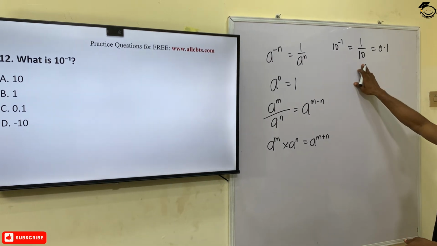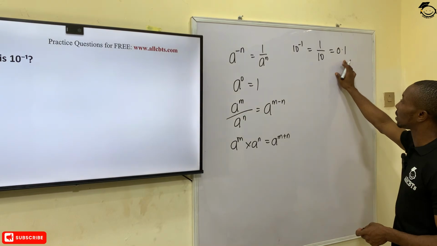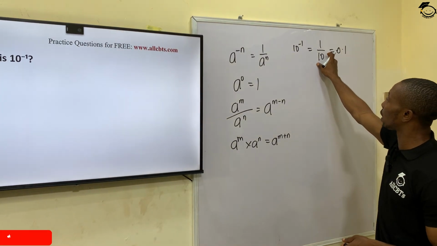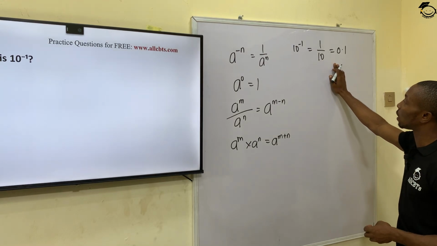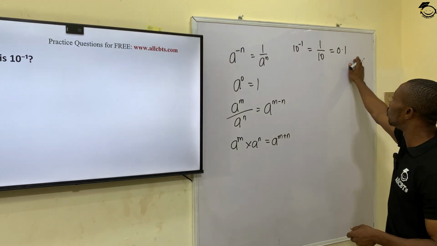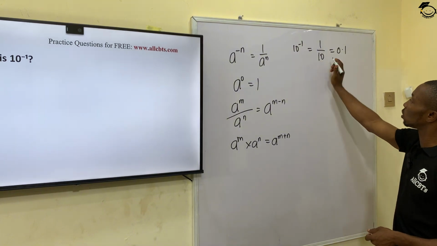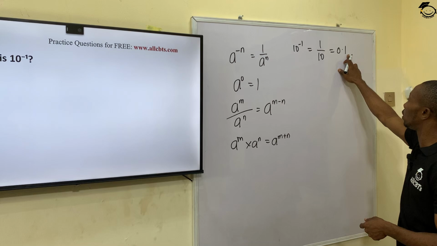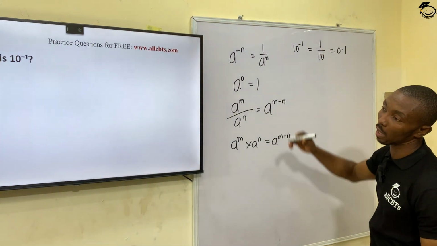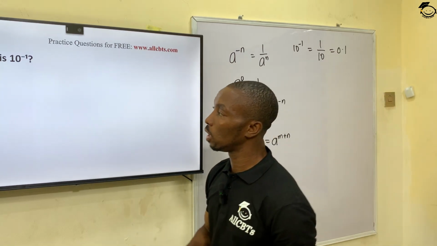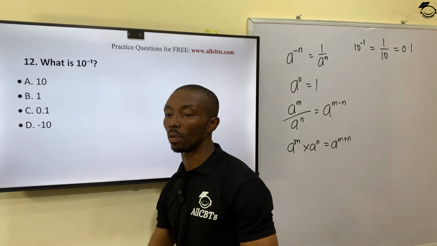So always remember that when you're converting a fraction to a decimal and the denominator is 10 or in zeros, you just need to know the number of zeros to move your digit. So here, since it's 1 0, that becomes 0.1. 1 digit will be after your decimal. So our right answer here will be option C, which is 0.1.